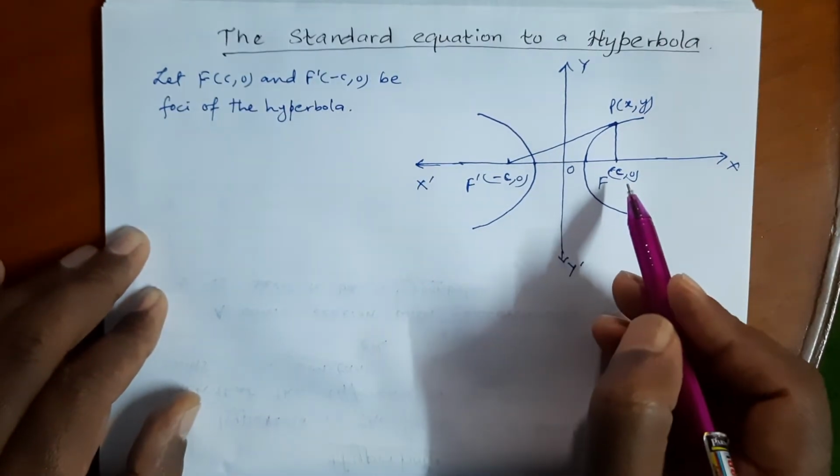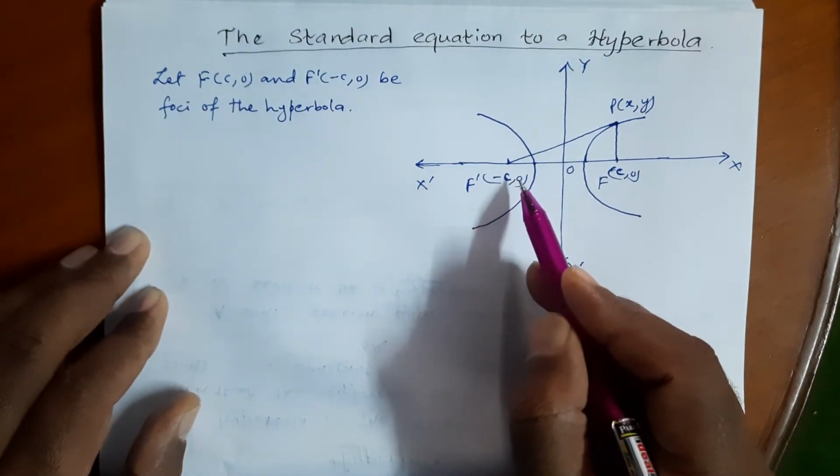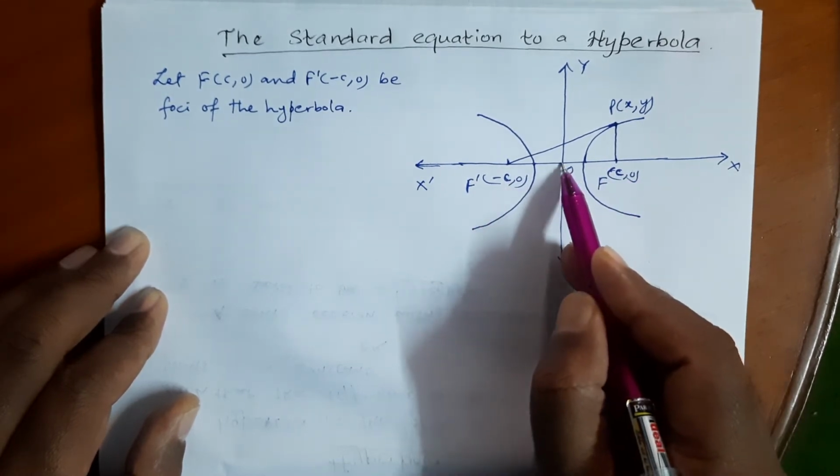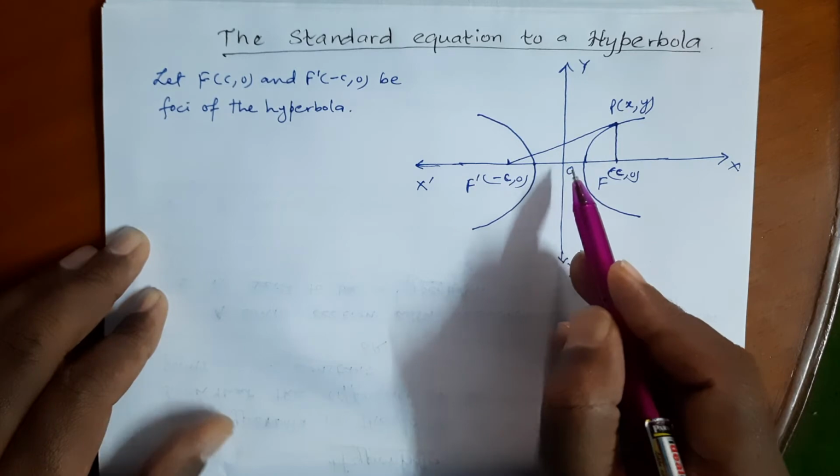If F(c, 0) and F'(minus c, 0) are the foci of the hyperbola, then the midpoint of these foci, the origin, is the center of the hyperbola.